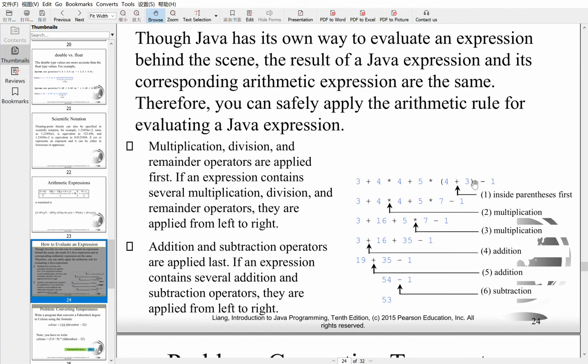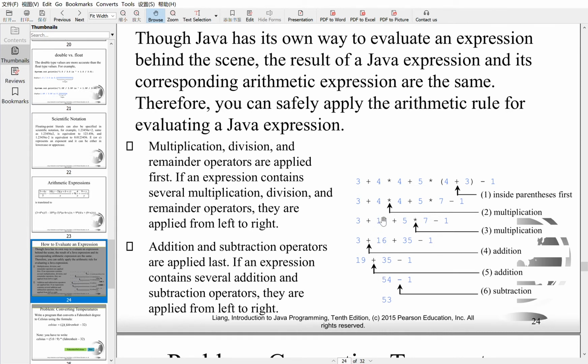For these expressions, we know that this one has parentheses, so we calculate inside the parentheses first.